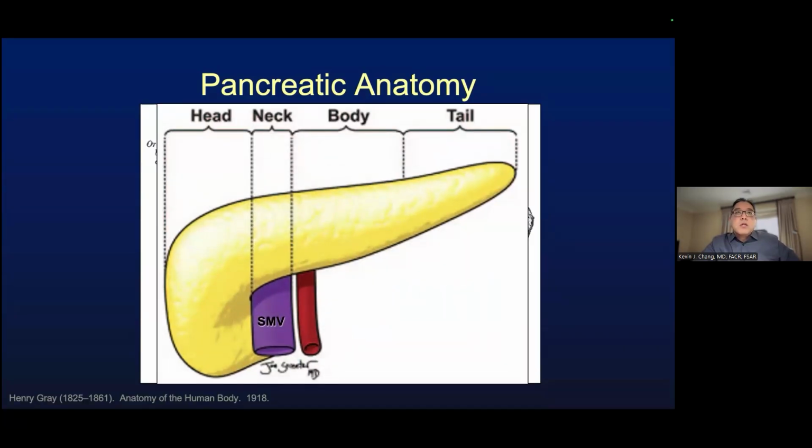So in relation to the pancreas, these are the anatomic terms that we use to describe the different locations in the pancreas. We've got the pancreatic head, which is everything to the right, patient's right of the mesenteric vein.